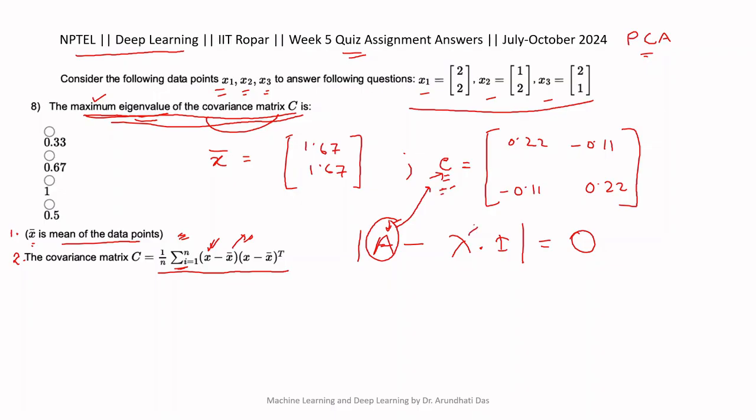Lambda denotes the eigenvalue of the covariance matrix, and this lambda I have to find out.